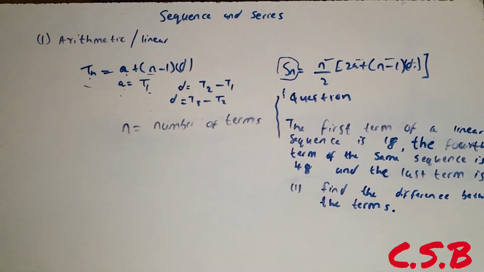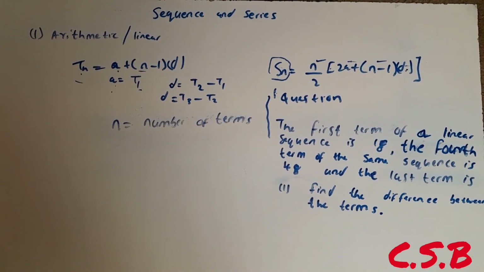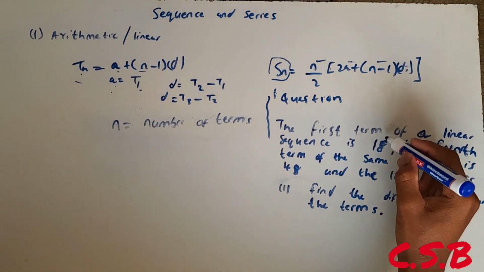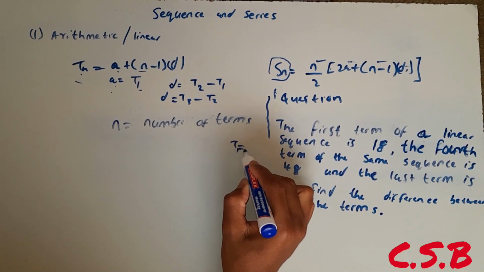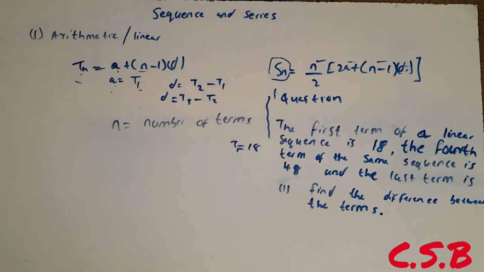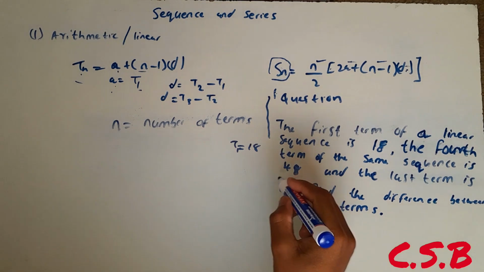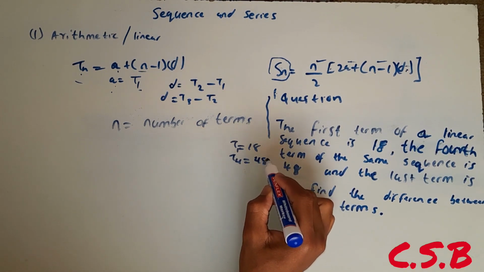Here is a question that says, the first term of a linear sequence is 18. So this is T1. Collect the data: T1 is equal to 18. Then the fourth term of the same sequence is 48, so T4 is 48.